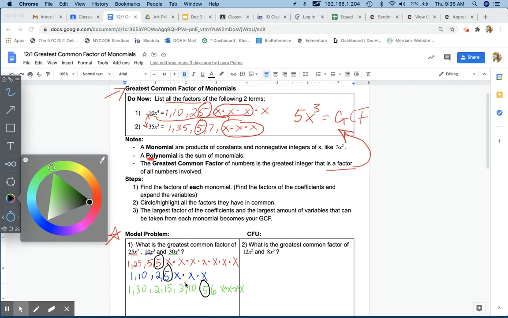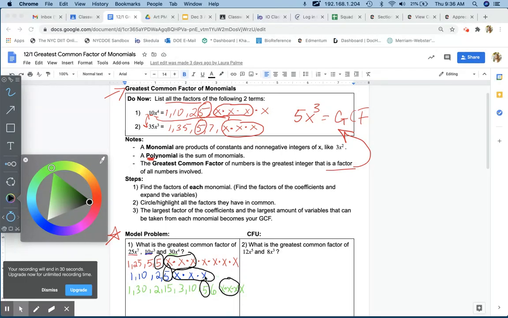That's what that means. And then I know that I have 3 x's here, but I have more over here, but they don't have that in common. They only have at least 3 x's in common. Even though the other ones have more, this one only has 3, so we can only count 3.